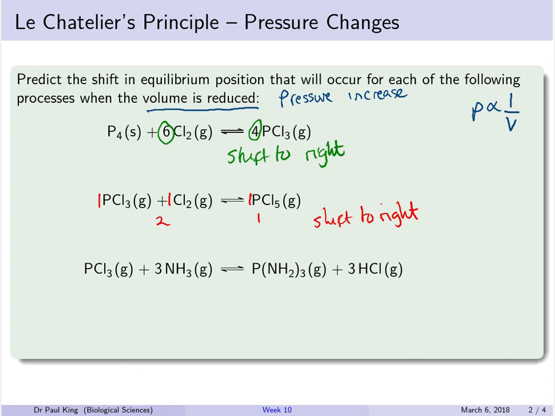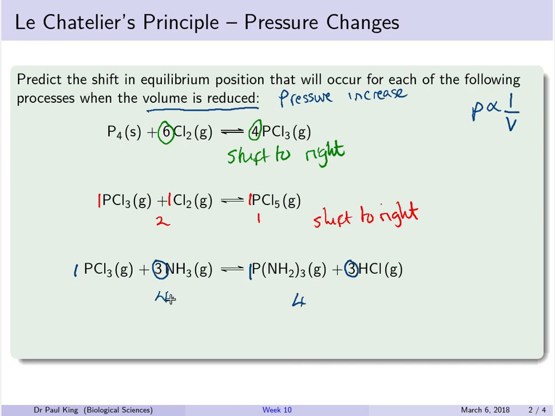If we look at the final reaction that we have here, and again count the number of molecules in the gas phase, here we have 1 and 3, so that's a total of 4 molecules in the gas phase on the reactant side, and here we have 1 and 3, which is a total of 4 molecules on the product side.